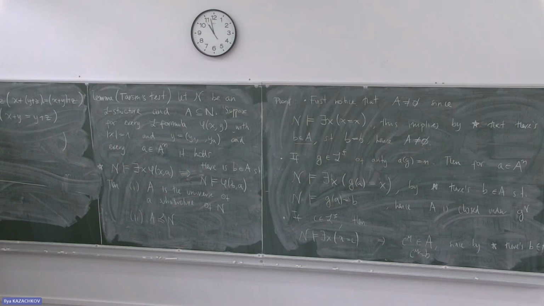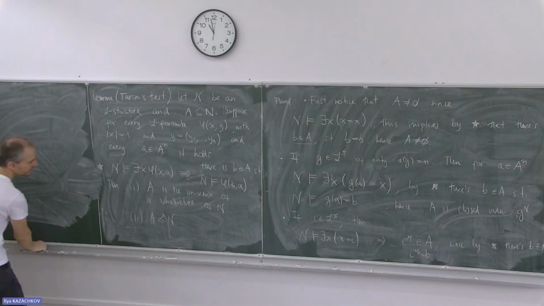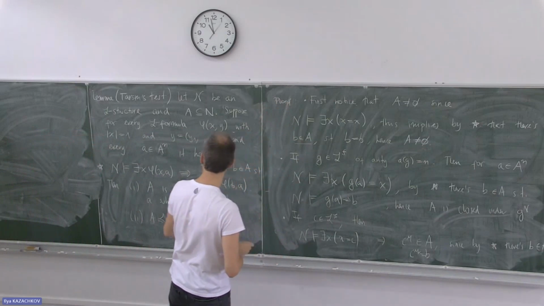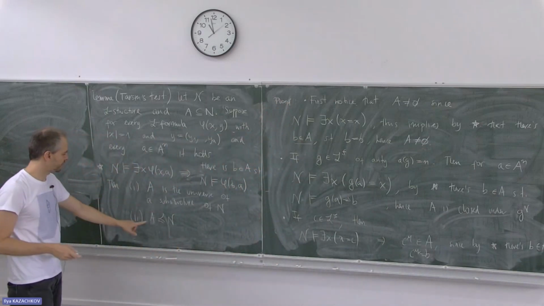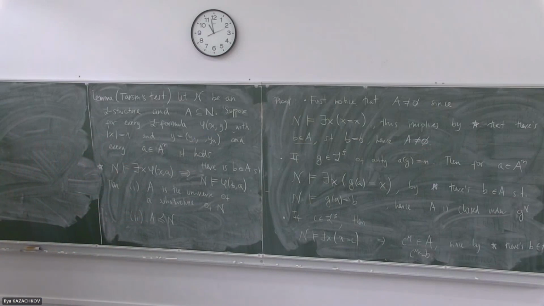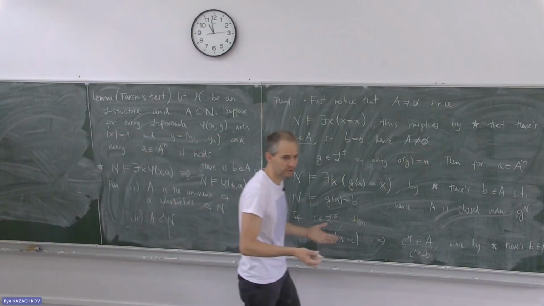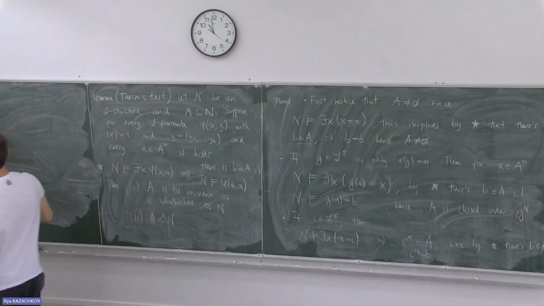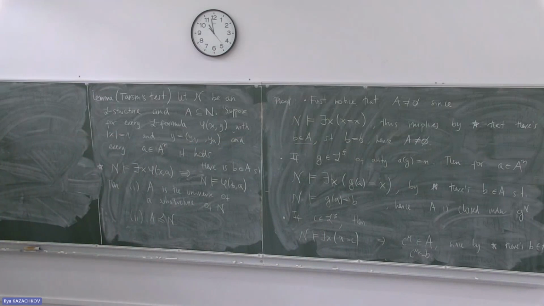Okay, so now we do have a substructure. We now need to show that all the formulas are preserved, so we need to show this second part. This first part grants part 1, and we need to show now part 2. And part 2 we do by induction on formulas. We didn't do the relations, but this is obvious.